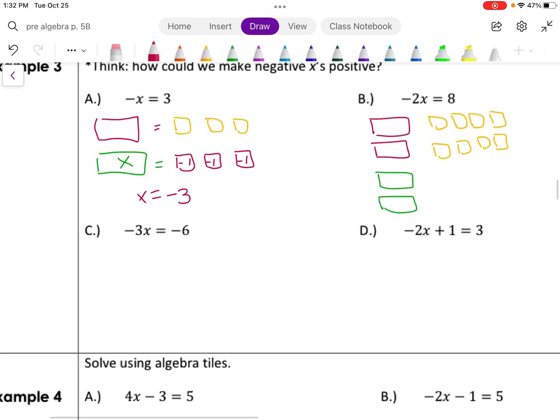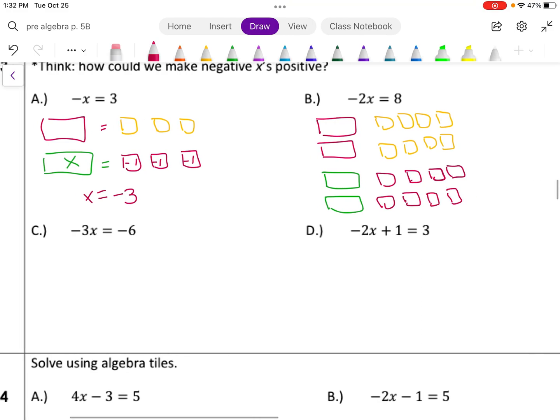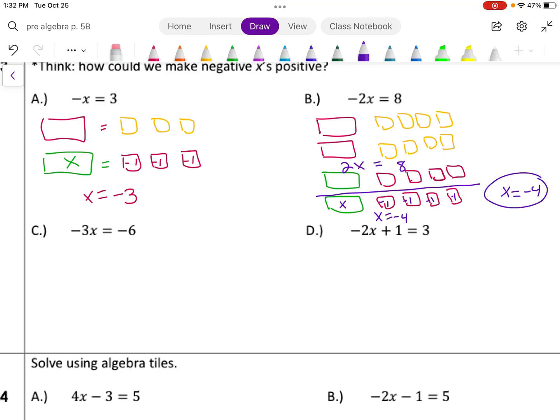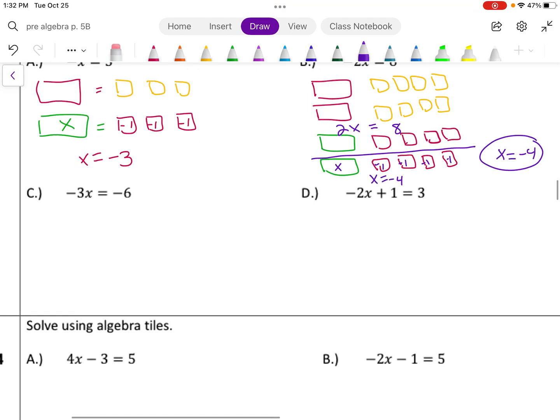We could make our x's positive, which means we have to flip our 8 and make our 8 positives into negatives. So now our expression is 2x equals negative 8, and if we divide by 2, we see that 1x would be negative 4. So x equals negative 4 would be our answer. That's the x value that would make that equation true.